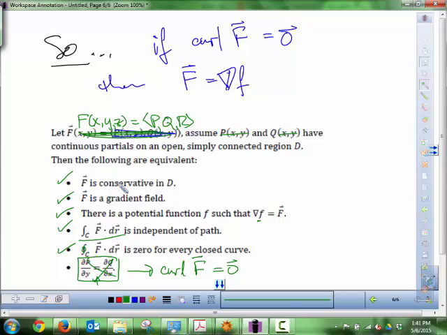Okay? Everything else follows. Okay? Questions? Let's take a look at Green's theorem again.